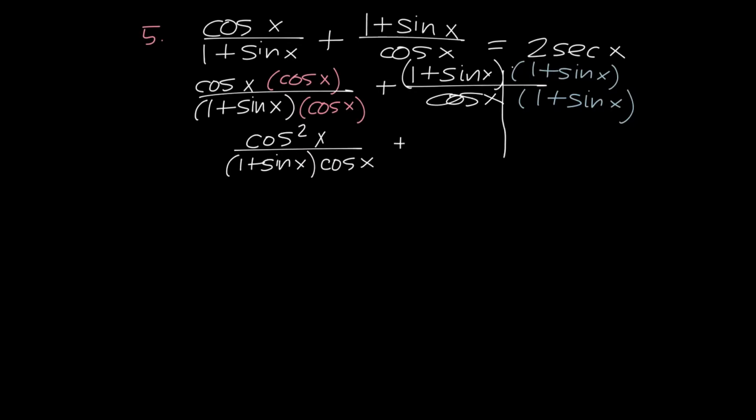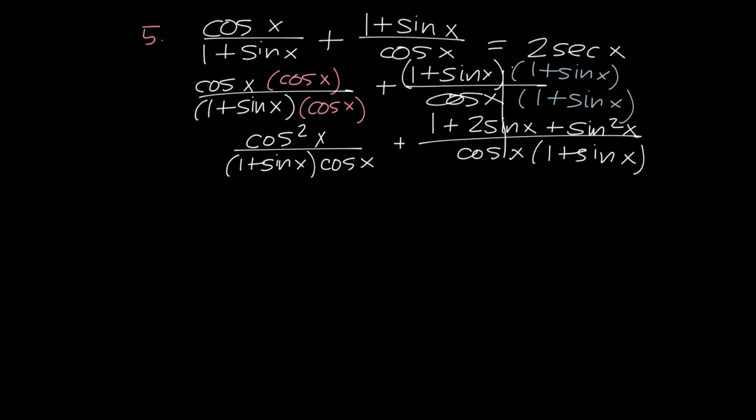The other side is 1 plus 2 sine x plus sine squared x all over cosine x parentheses 1 plus sine x. As you can see, the two fractions now have common denominators, so let's add them together going across the top.